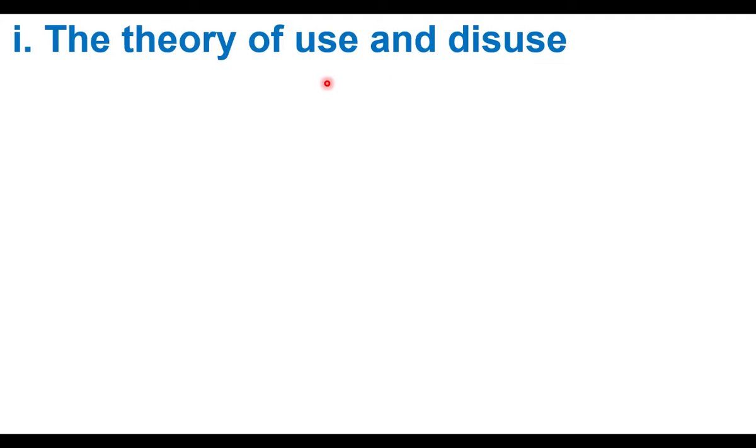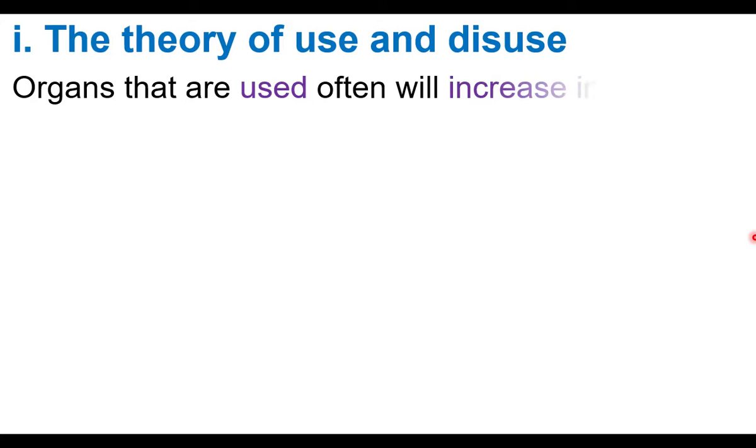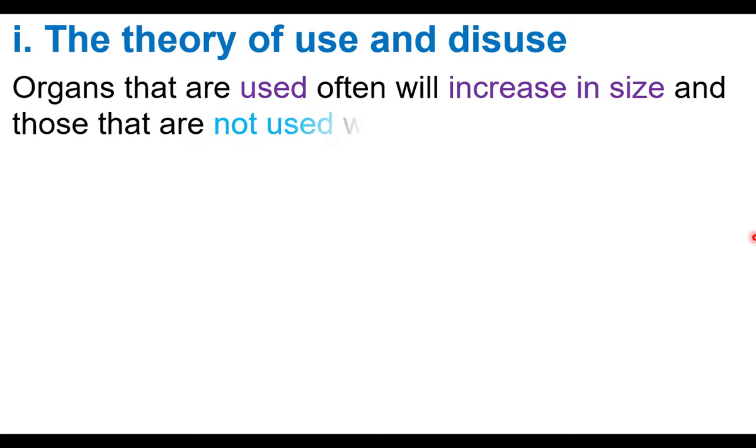The theory of use and disuse explains how changes occur by using one organ or not using one organ. Organs that are used often will increase in size, and those that are not used will decrease or degenerate.